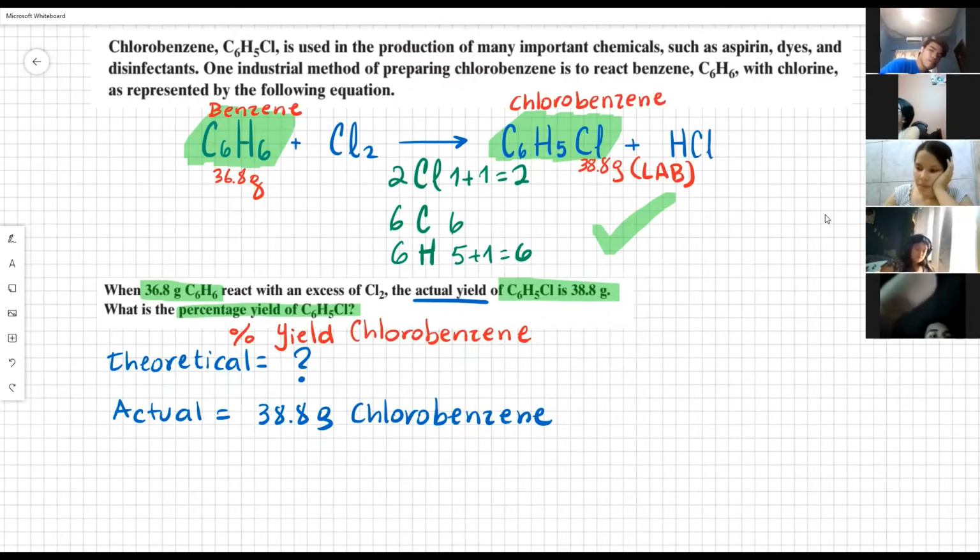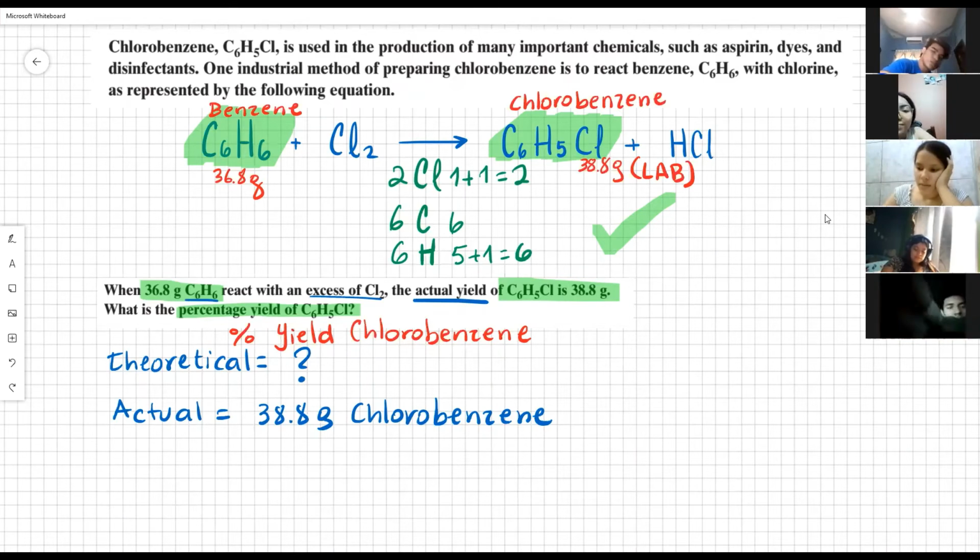And they are giving me the limiting reactant. The problem tells me which one is the limiting reactant, even though it's not specified in words. Okay? It says benzene reacts with excess of chlorine.